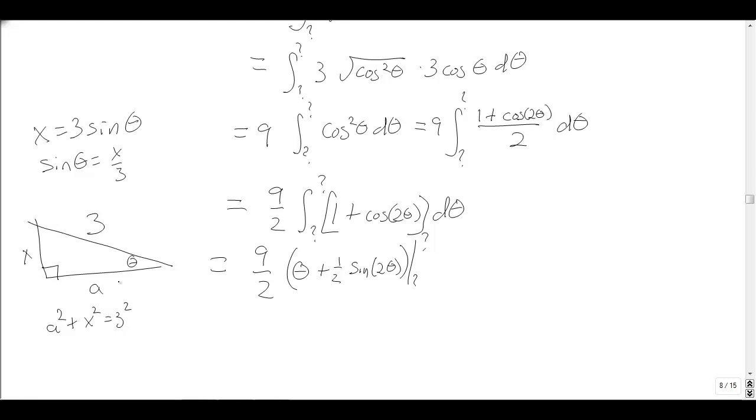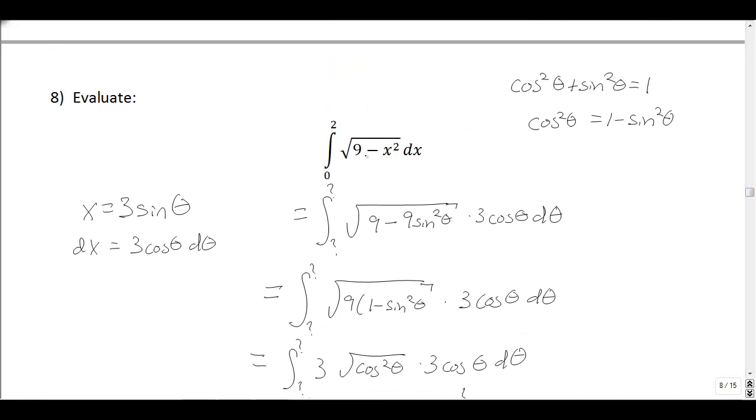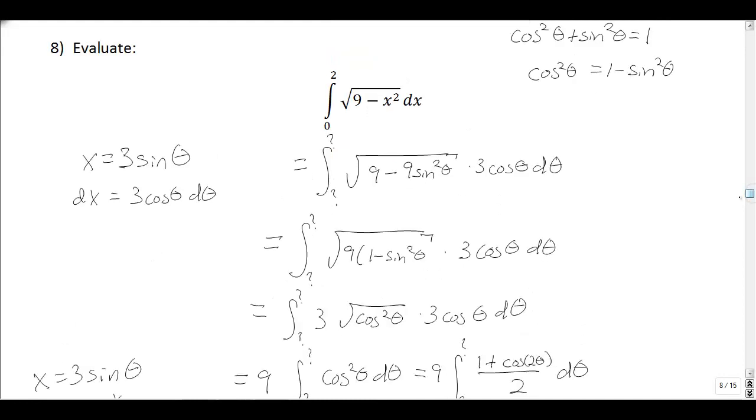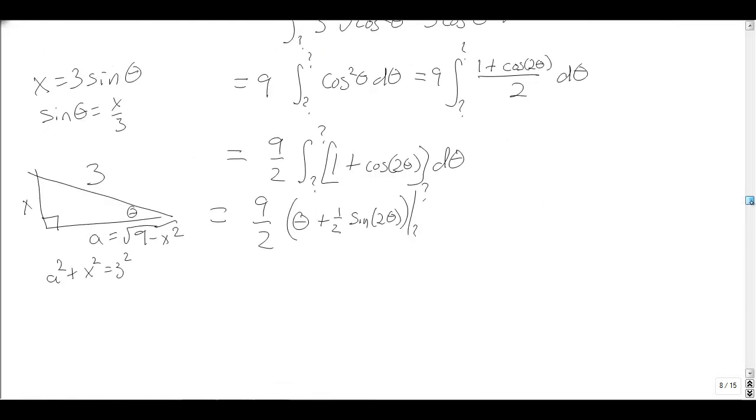If you solve that, a will be square root of 9 minus x squared. Note, square root of 9 minus x squared is what we started with originally. That's pretty typical for these problems. If you did that Pythagorean theorem solve and got square root of x squared minus 9, but this was 9 minus x squared, generally that's a sign that there's a mistake somewhere.